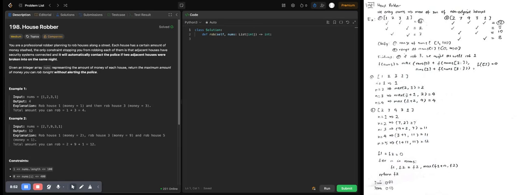Or we could also rob the second house in the row, and then it would leave us with the remaining from the 4th house onward. So I think this describes the problem pretty much. Alright, let me try to use this recurrence function and then apply it to our example. Okay, so first example.